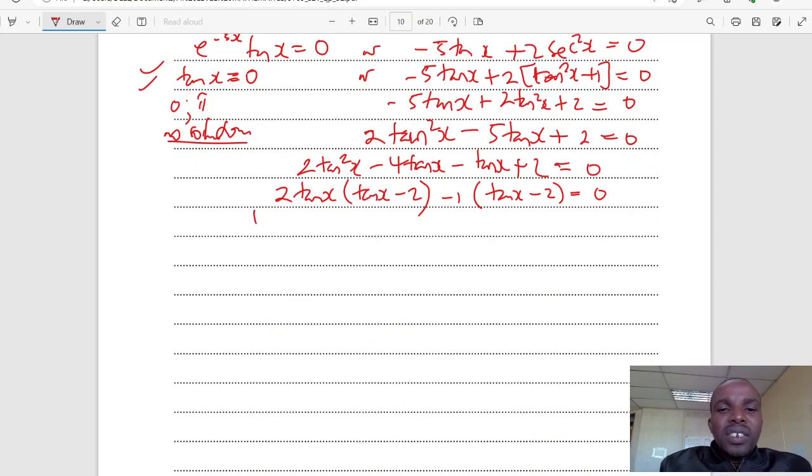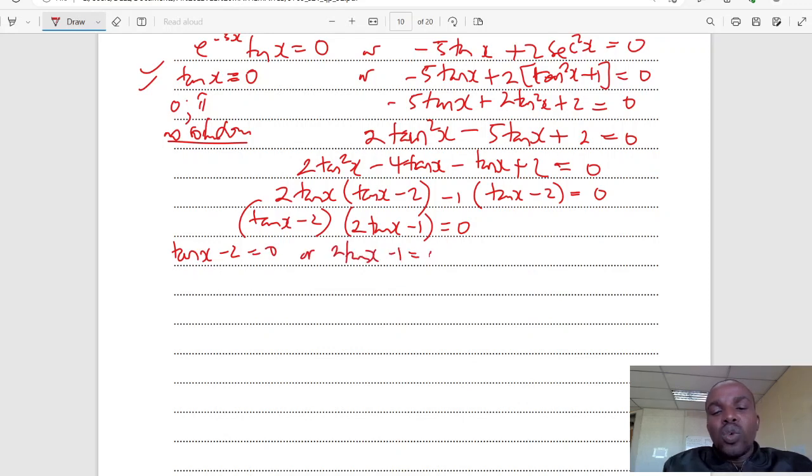It will be tan x minus 2, then 2 tan x minus 1 is equal to 0. Then for the sake of my space, let me say here, tan x minus 2 is equal to 0, or 2 tan x minus 1 is equal to 0. Right, tan x is equal to 2, or from this one you can get tan x is equal to half.